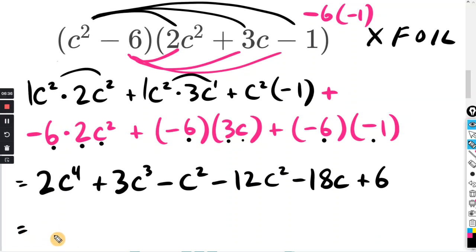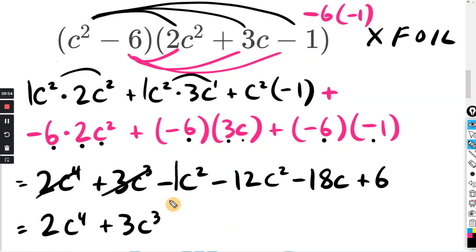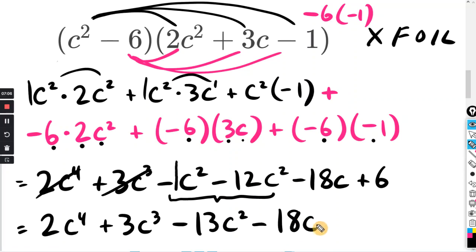Combining like terms, there's no other c to the 4th, so we have 2c to the 4th. There's no other c to the 3rd, so we have positive 3c to the 3rd. And negative c squared, this is automatically negative 1. Negative 1c squared minus 12c squared is going to be negative 13c squared minus 18c, and then plus 6.